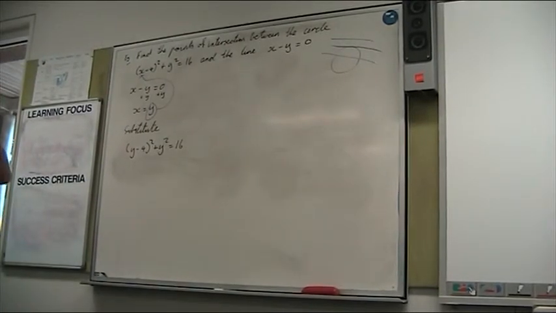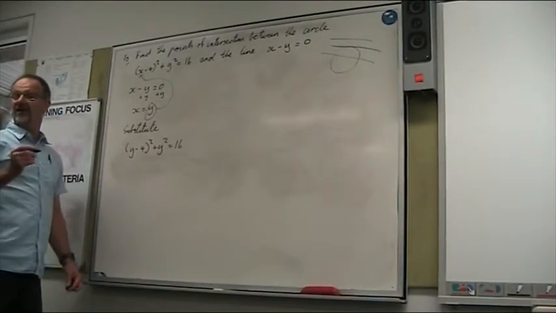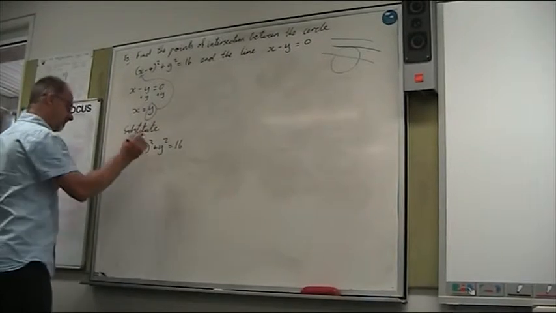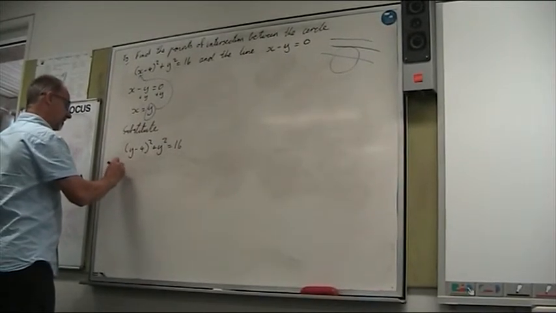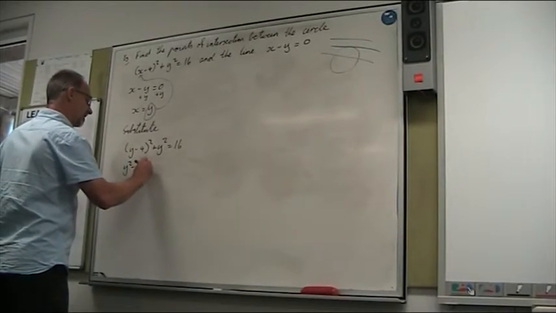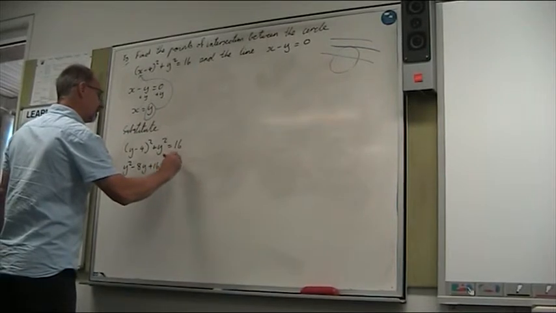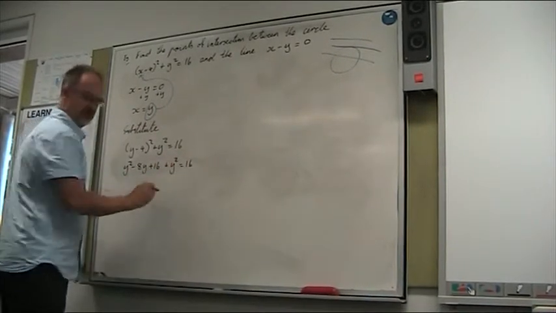Alright, any suggestions? No suggestion? Bracket. Expand the brackets, yep. And when you do that, you get y squared minus 8y plus 16 plus another y squared, and that equals 16.